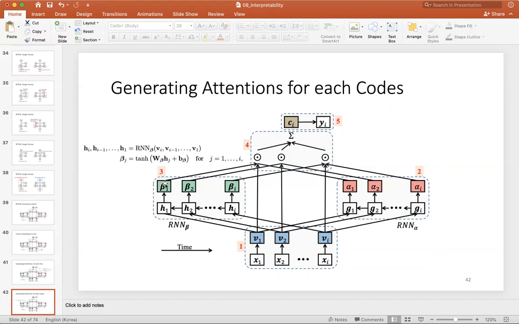If you have a scalar value, then you can't treat individual codes differently within each time step. So we need a vector to do that. That's why beta is a vector. The contents of beta will be different, because we want to focus on different codes in each time step. So betas will be different.